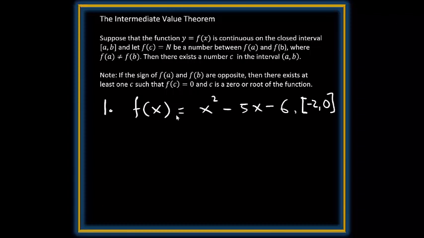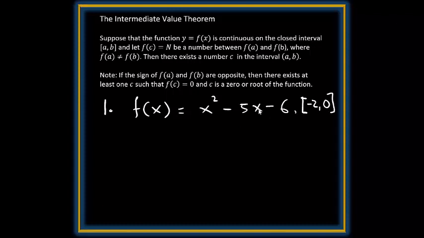We are taking a function which is x squared minus 5x minus 6, and our restricted domain is -2 to 0. Now we want to see what happens to f(-2) and f(0). So before we go to that one, we confirm that the intermediate value theorem applies here because this is a continuous function. It doesn't have any point of discontinuity.